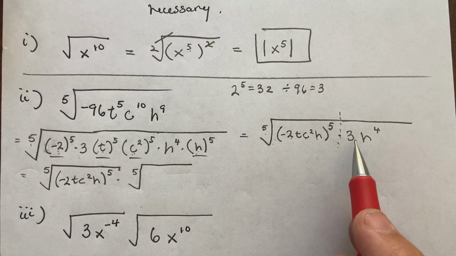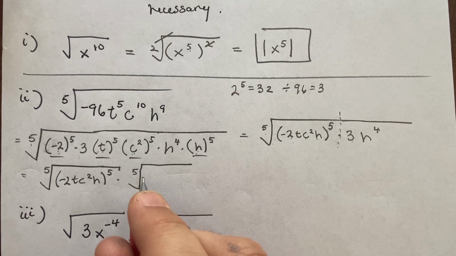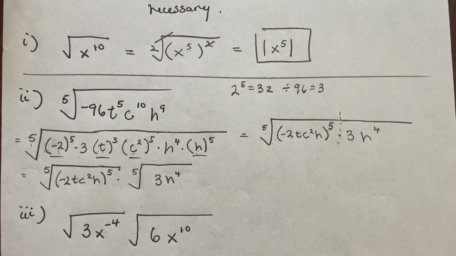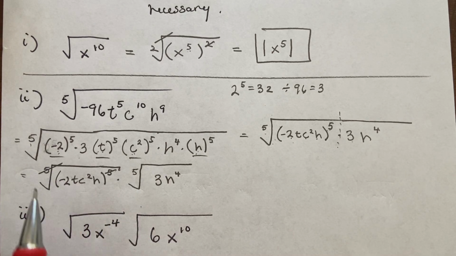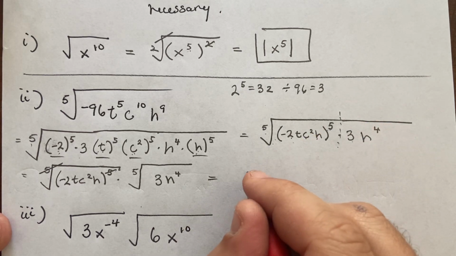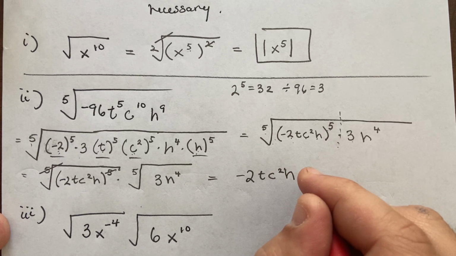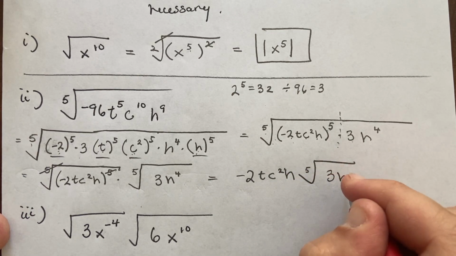It's not like a fifth root and then a square root or something. So we'd have the fifth root of 3h to the fourth. And now this cancellation can occur. It's odd. I don't need to think about absolute value. So I have negative 2t c squared h times the fifth root of 3h to the fourth.